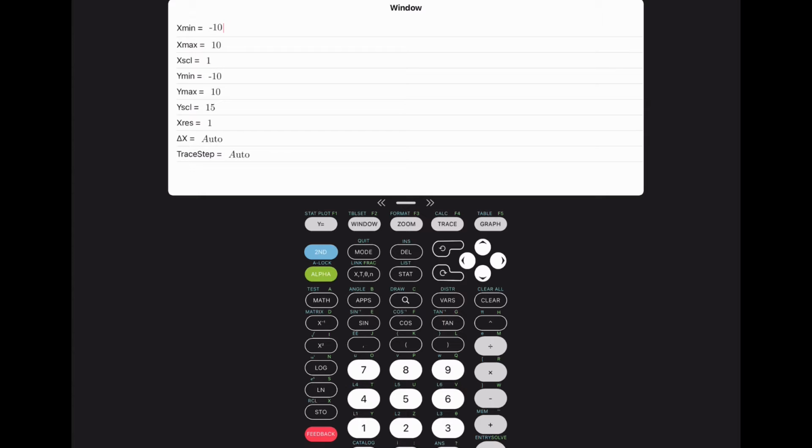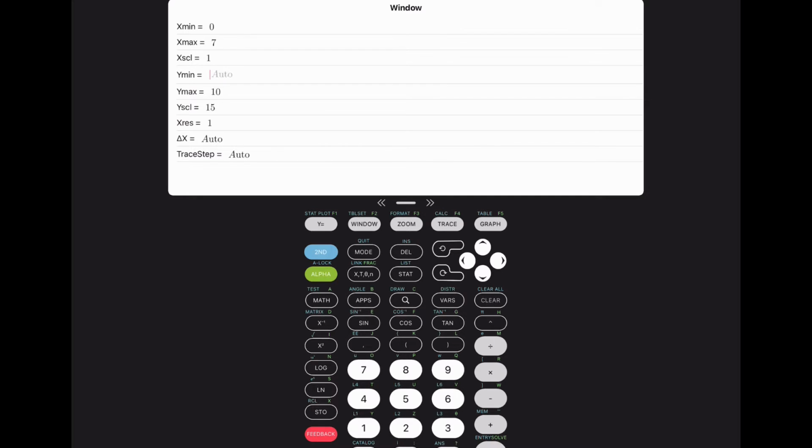So follow my window settings here. I want my x min to be 0. That means the minimum x value should be 0. I want my max to be 7, and you'll see why once we do it. This is x scale, meaning each tick mark should be 1. That's good.